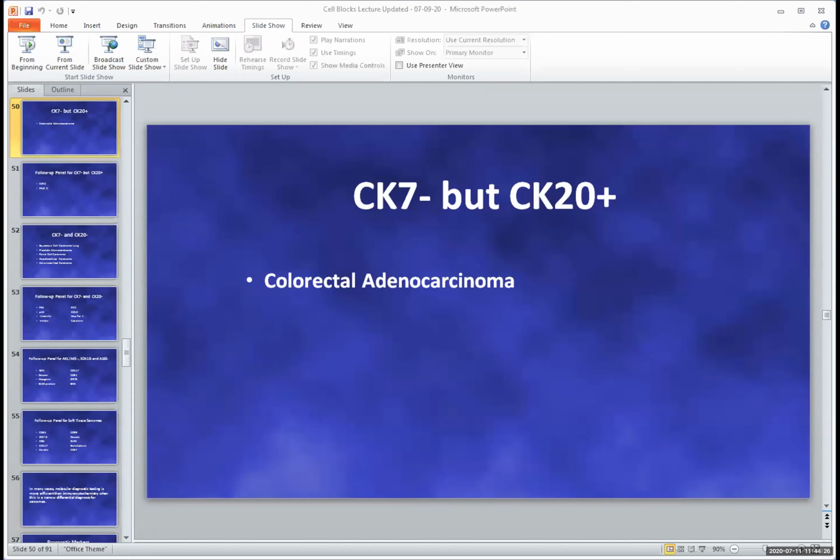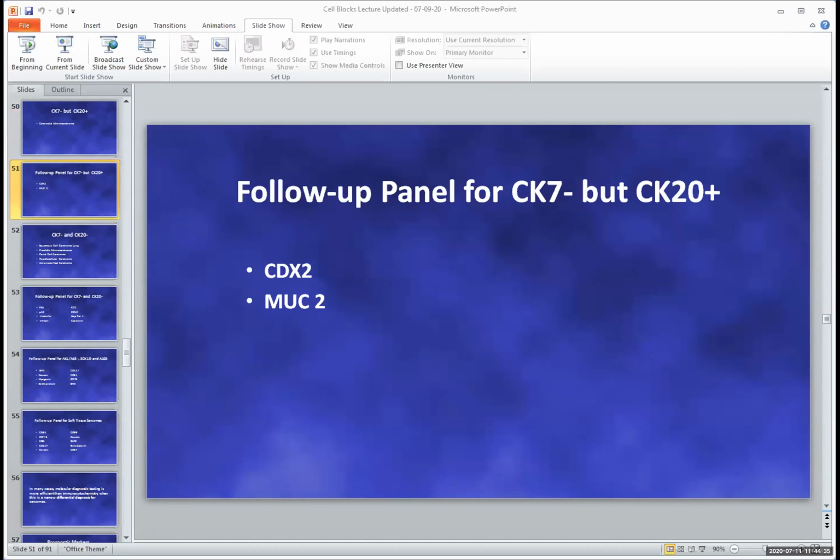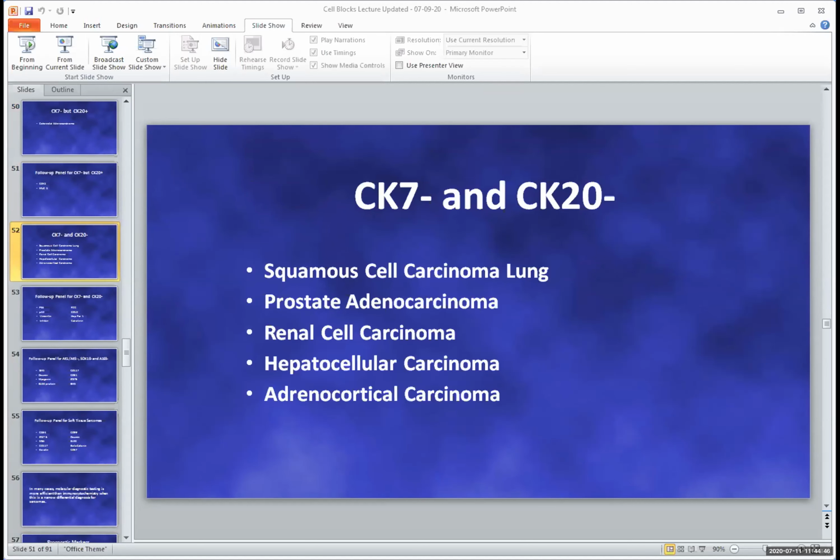Now, if we have a CK7 negative, CK20 positive, the most common cancer by far is colorectal adenocarcinoma. A panel that helps confirm that is CDX2 and MUC2, and if they're positive, that gives you a good indication that you have a gastrointestinal primary, colorectal primary. Now, when you have CK7 negative, CK20 negative, these can be squamous cell carcinomas of the lung, prostatic adenocarcinomas, renal cell carcinomas, hepatocellular carcinoma, adrenal carcinoma.